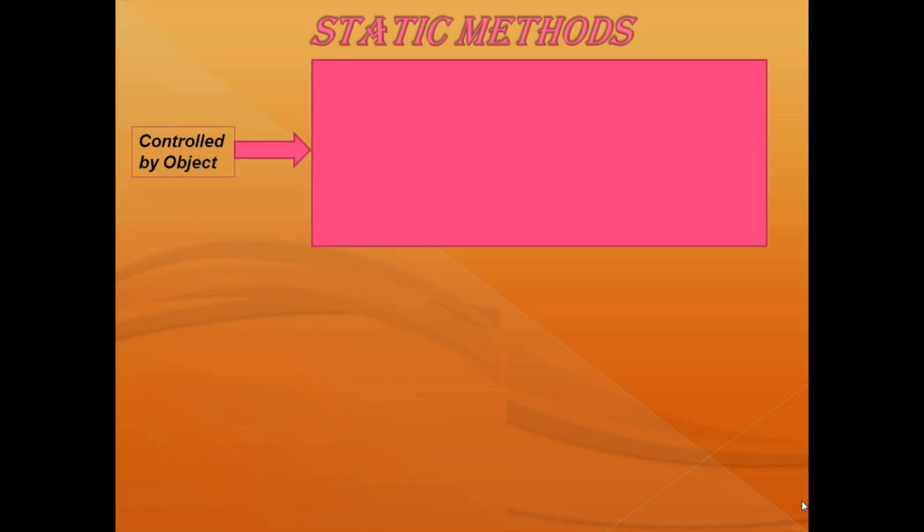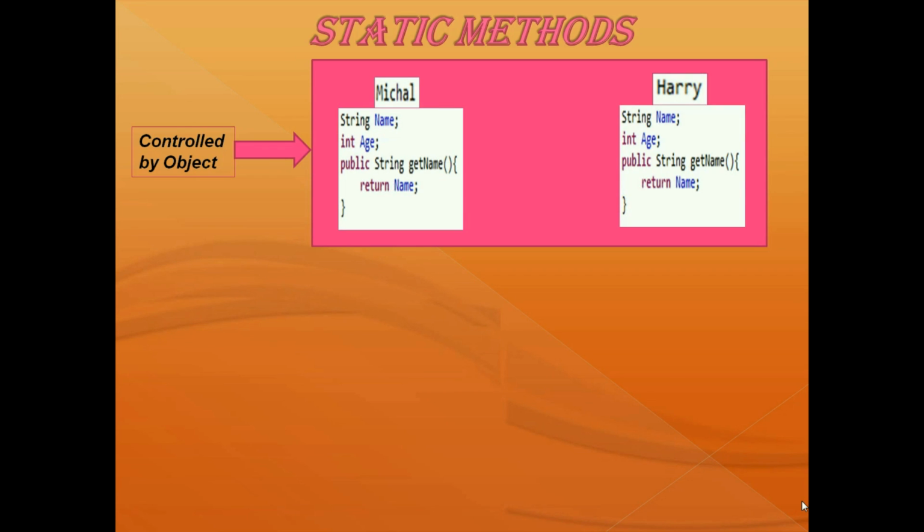So if you take a look here, we can clearly understand. Here everything is controlled by the object. For example, there is the Michael object here and another object, Harry. Each is pointing to an object of type Person.